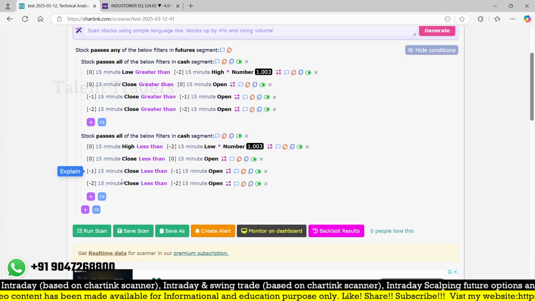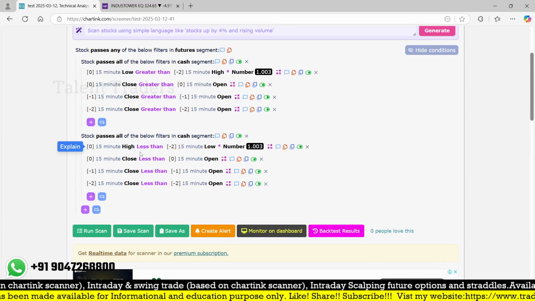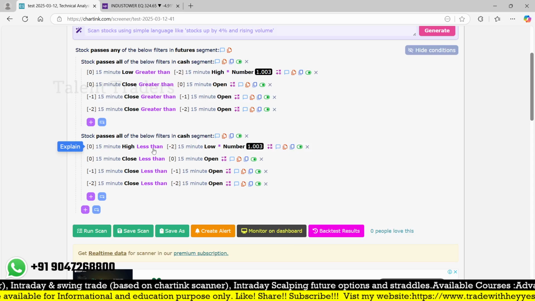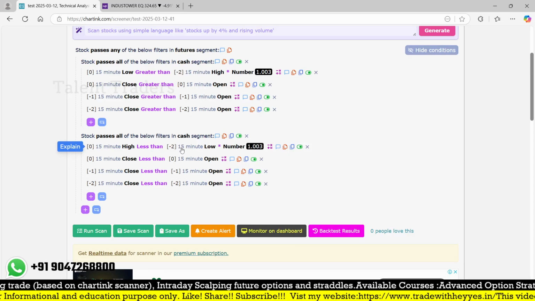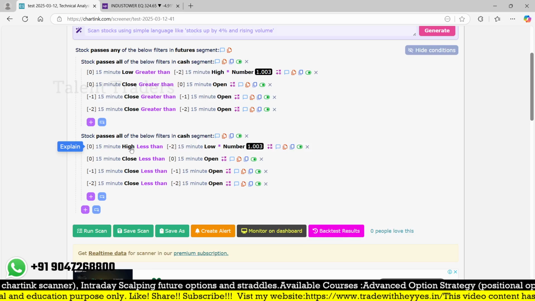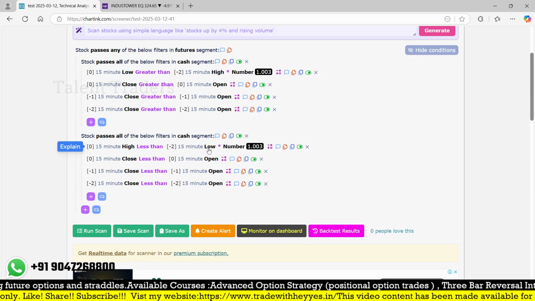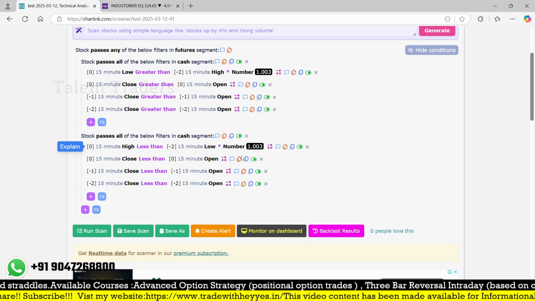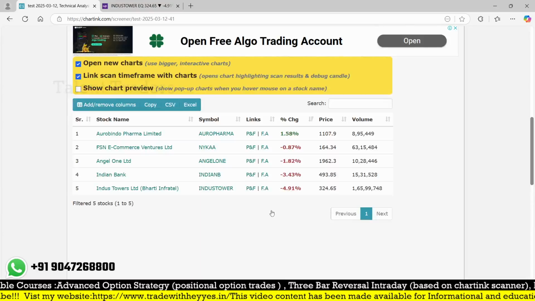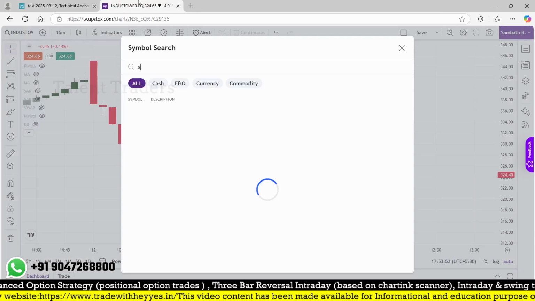Okay, current candle high is less than the minus 2 low into 1.03. That's right. We go for another one.